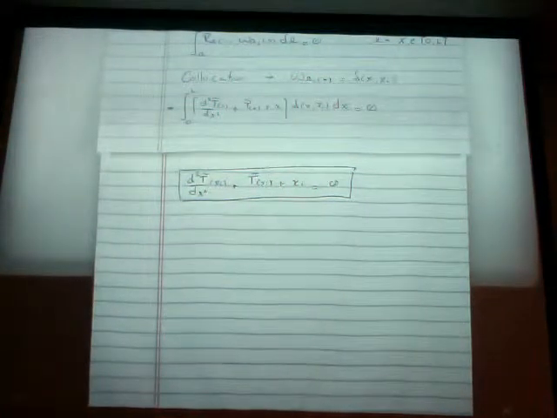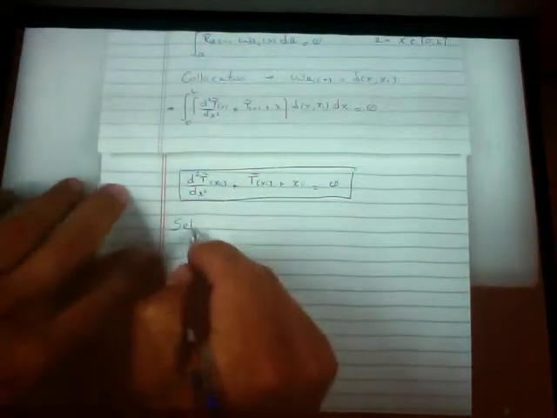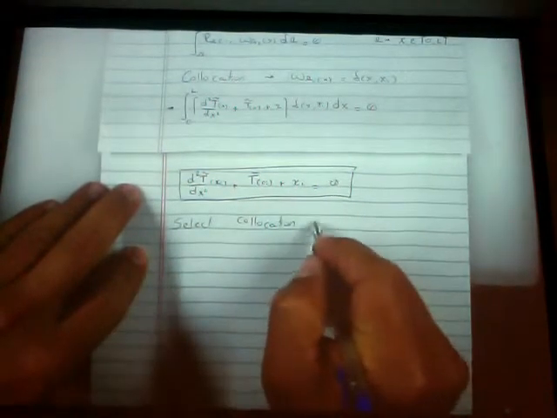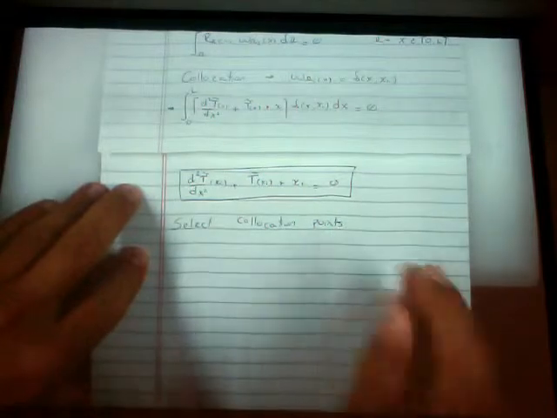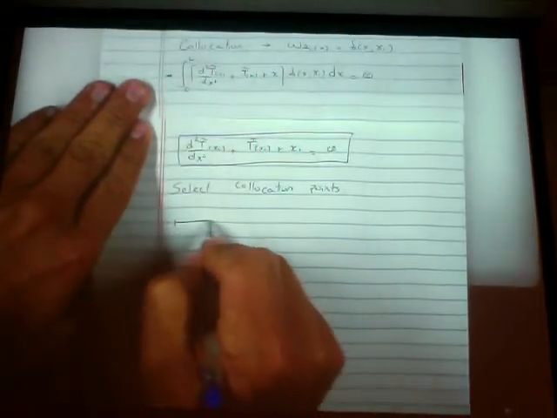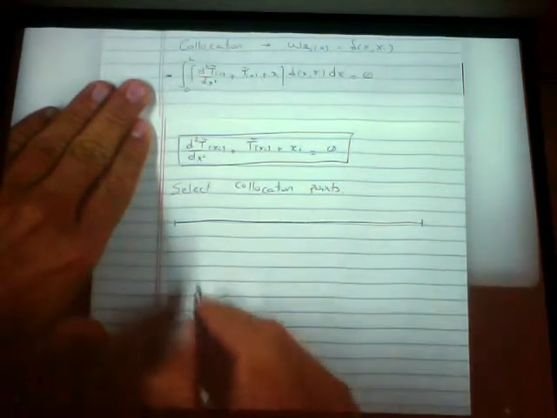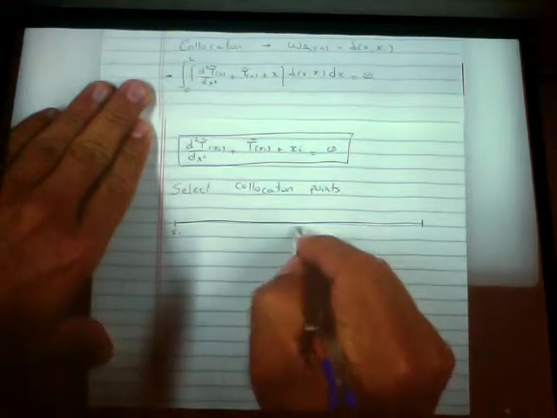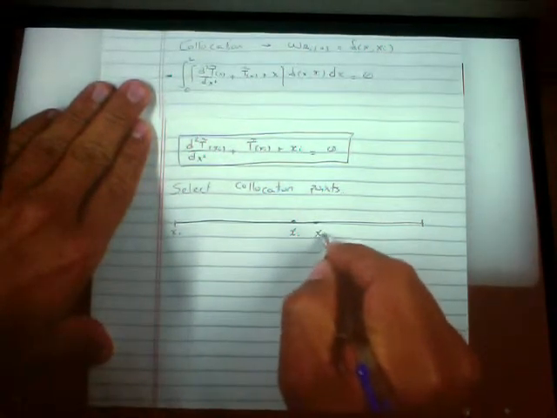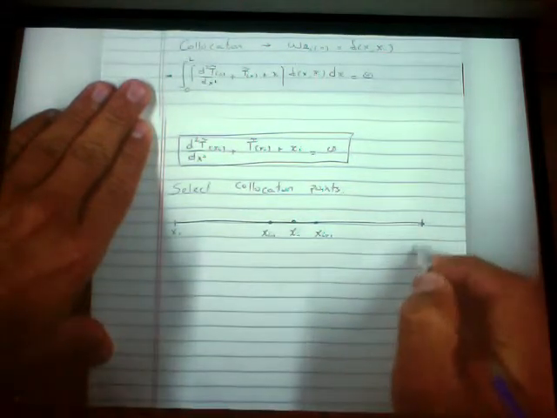So let's see. I want to select collocation points, and those collocation points are going to be x1, xi, xi plus 1, xi minus 1, and xn.